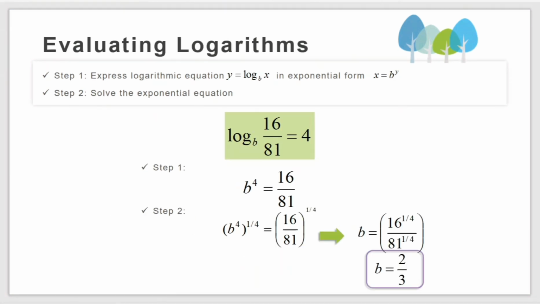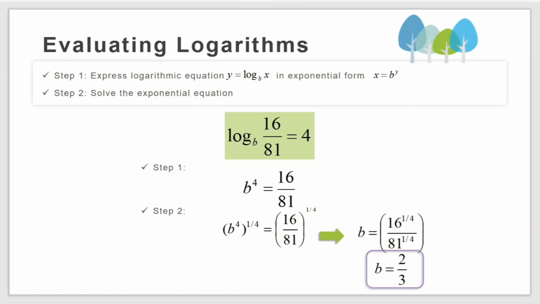Alright. Now, let's have another example. So, we have here 4 equals the logarithm of 16 over 81 to the base B. Alright. So, again, step 1, we have to express it into its exponential form. So, B raised to 4 is equal to 16 over 81.